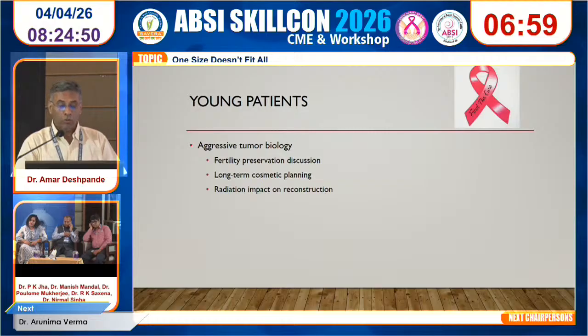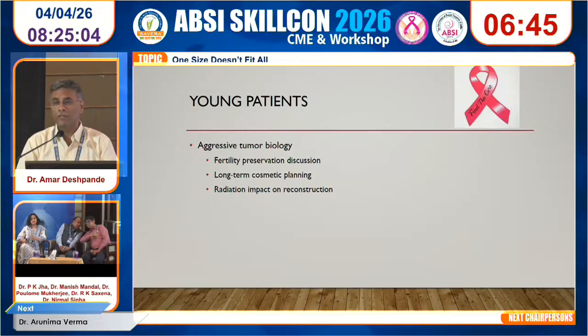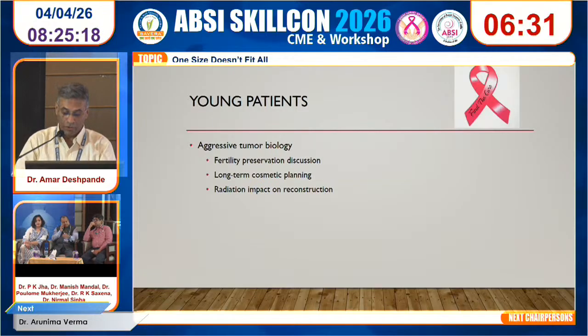And also, long-term cosmetic planning has to be done because they have got so many years in front of them to look forward to. And once again, radiation may be a relative contraindication, so we might think of autologous reconstructions. We also might think of the financial implications there. Implants may need changing after so many years. So we would think of that as well while planning the reconstruction.